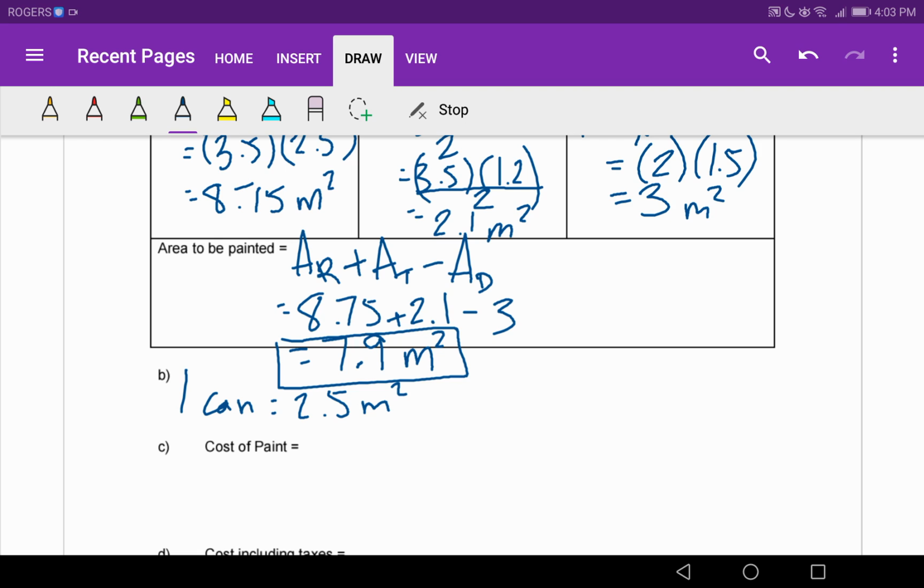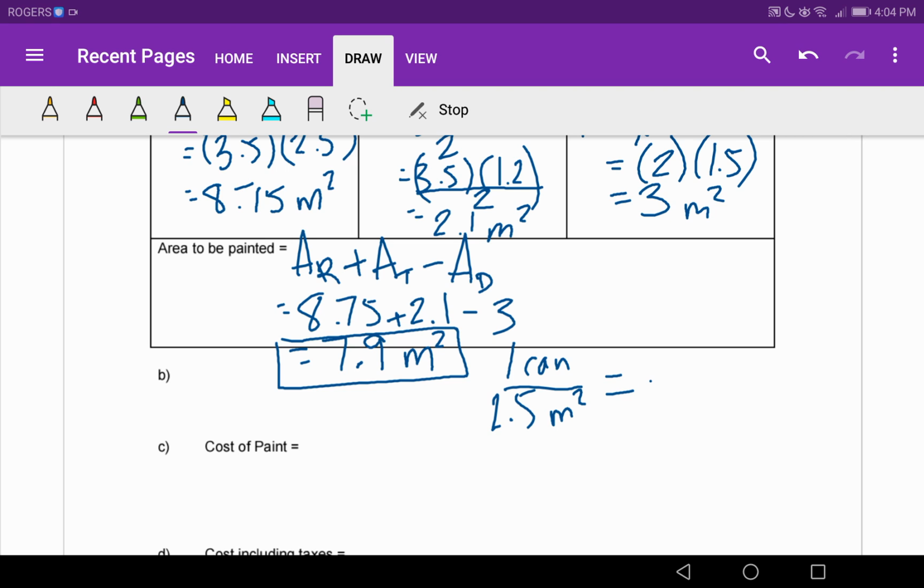Well, we need to find how many cans we need. So I'm going to line these up, and actually I'm going to do this a little bit. We're going to use what we learned in Unit 3, everyone, ratios. Okay, so I'm going to write this out a little bit different, just like we did in Unit 3 when we did ratios. So if 1 can covers 2.5 meters squared, put your equal sign.